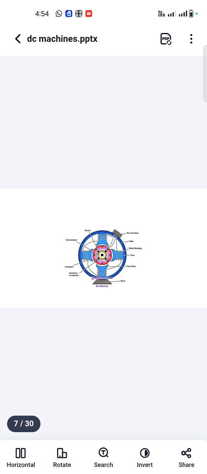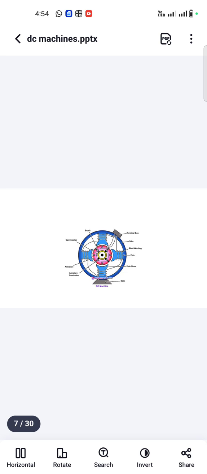We know the yoke materials are iron or steel, because iron or steel has low reluctance. If we used air, it would have high reluctance and it would be difficult for the flux to flow. That's why yokes are made of iron or steel.